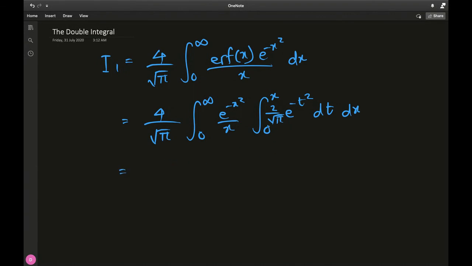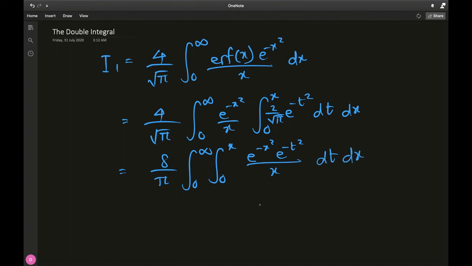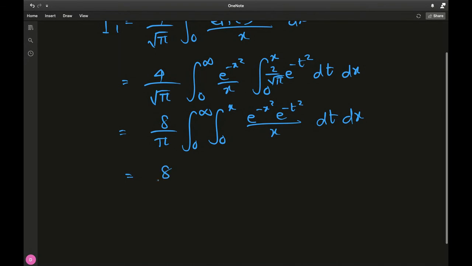So now what we're going to do is take the constant outside, so 8 over pi times the integral from 0 to infinity of the integral from 0 to x of e to the negative x squared times e to the negative t squared over x, with a dt dx here. Now just use some exponential properties.